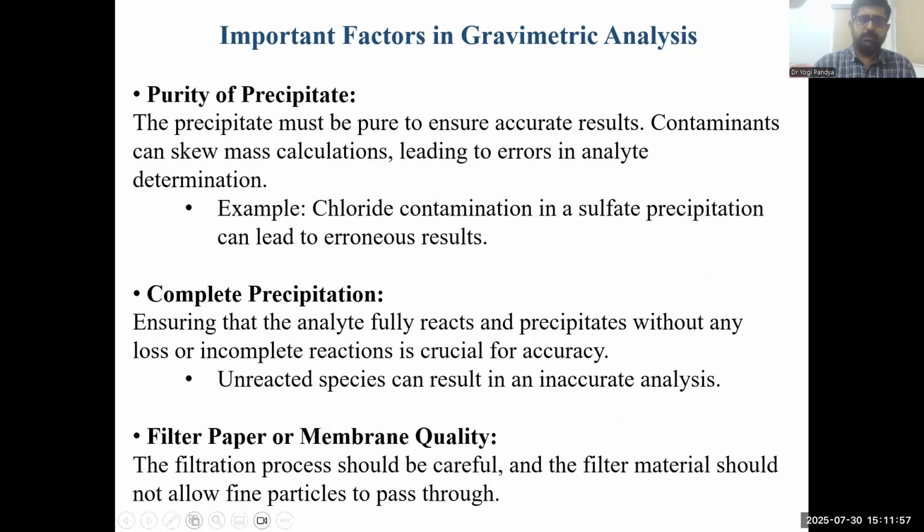Third, the filter paper or membrane quality must be of extra pure grade, meaning it must not allow fine particles to come out during the analysis. Otherwise, the precipitate you are weighing will not be complete, and accurate results might not be achieved.